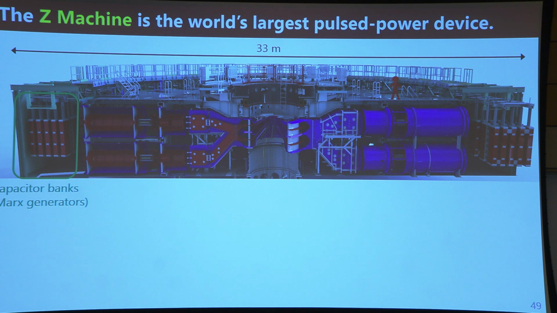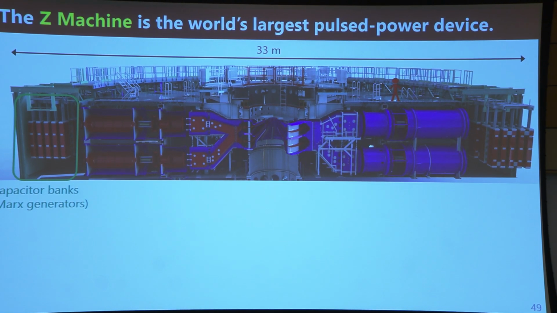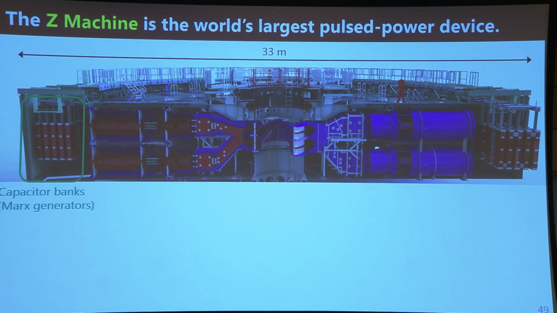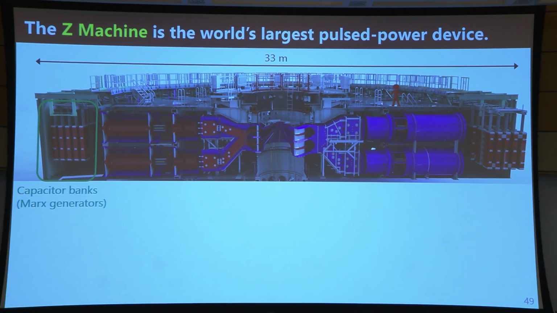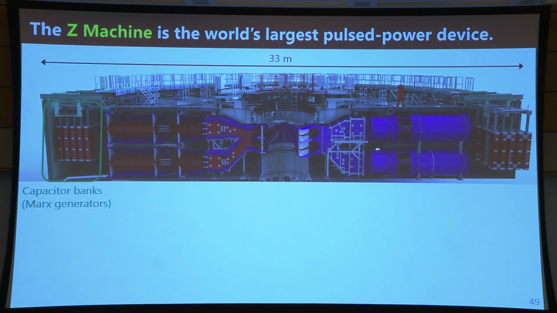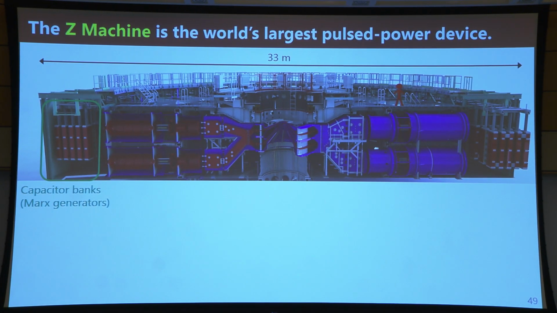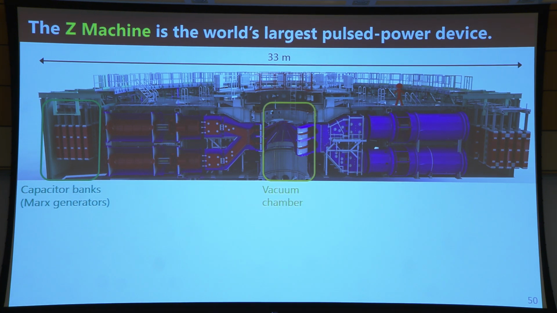Working our way from the very outer diameter and then inwards, starting out with the capacitor banks in green, this is where electricity is charged up prior to an experiment on the Z machine. And then this machine is so complicated and large and designed in order to deliver a huge amount of electricity to a very small area in the center of the machine, in the vacuum chamber.